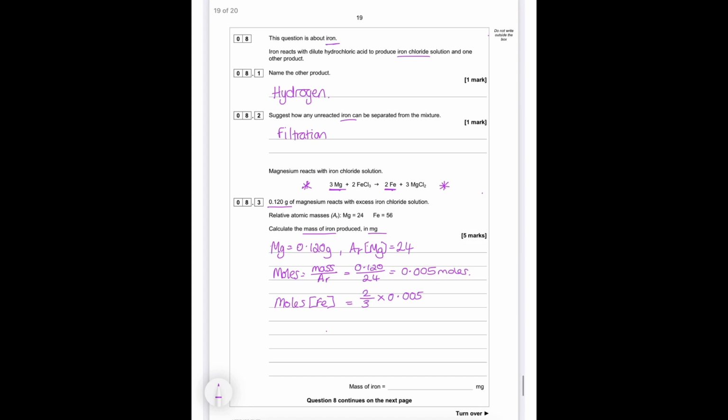And if we calculate that out, the number of moles of iron works out to be 0.00333 moles.